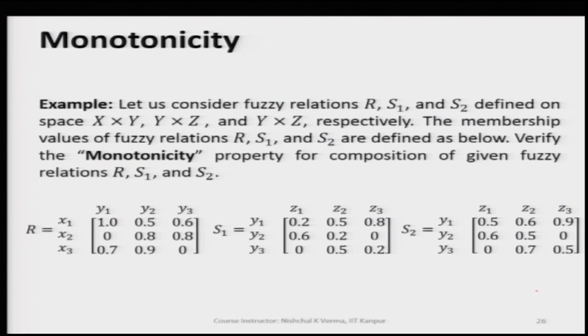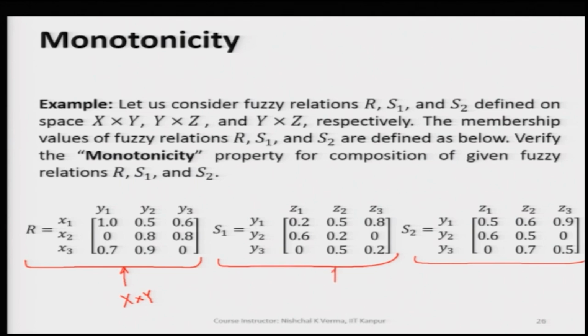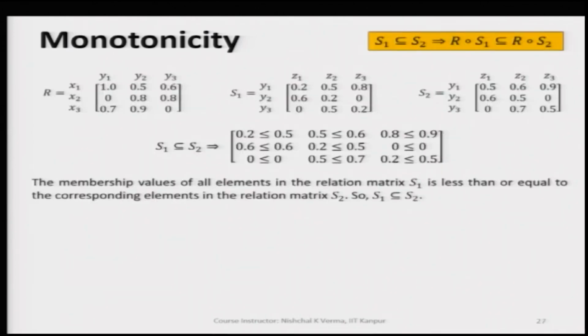Let us take the fuzzy relation sets R, S1 and S2, and here also the universe of discourse for R is X cross Y. For S1 the universe of discourse is Y cross Z, and for S2 also the universe of discourse is Y cross Z. Now, let us choose S1 and S2 in such a way that S1 is a subset of S2.